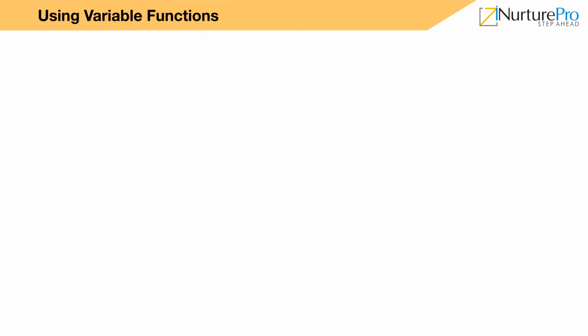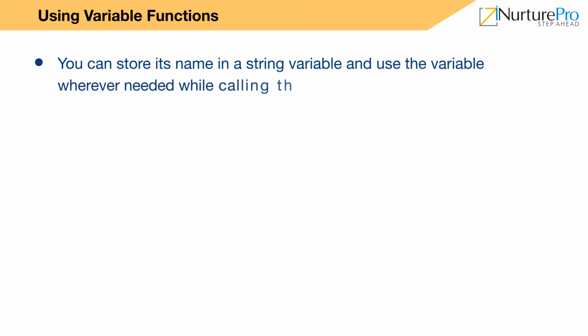Most of the times when you call a function, you directly specify its name and call it. However, in some cases, you can store its name in a string variable and use the variable wherever needed while calling the function.